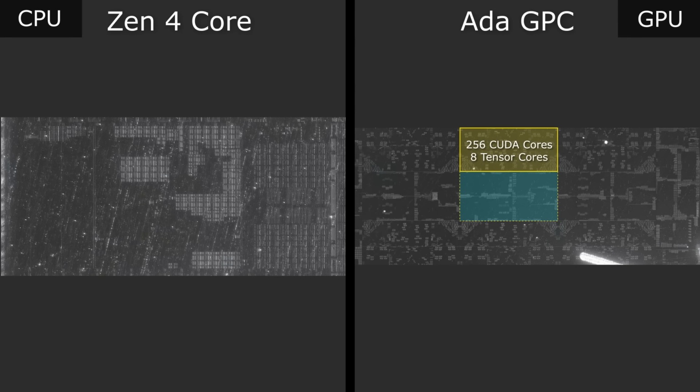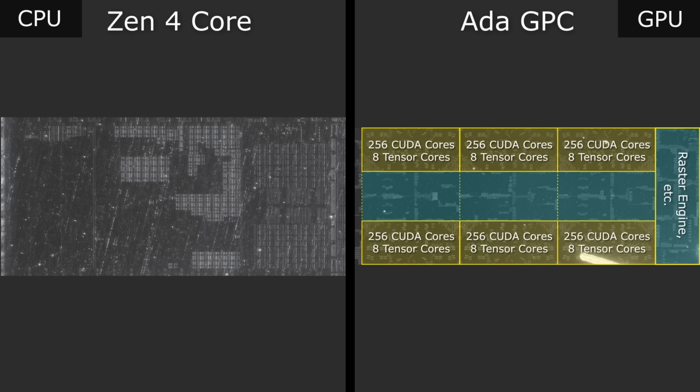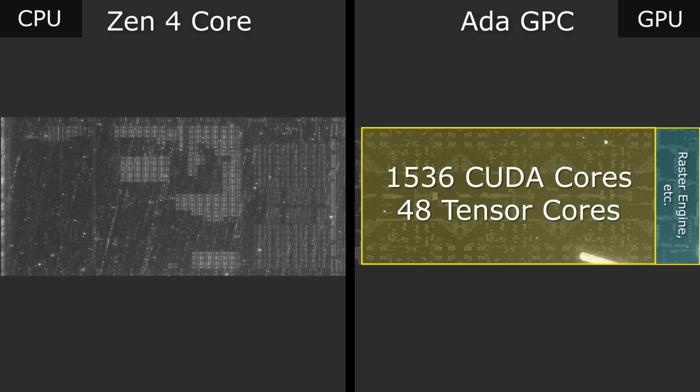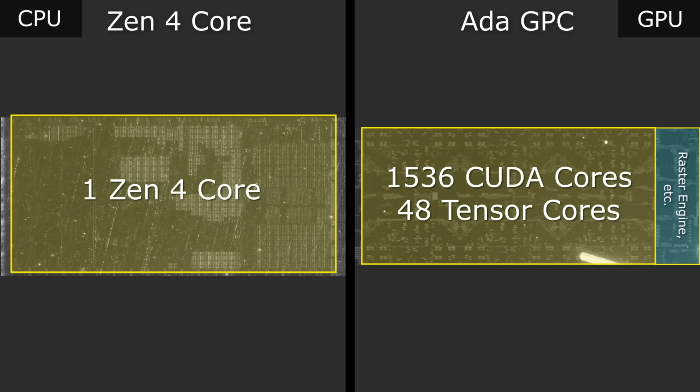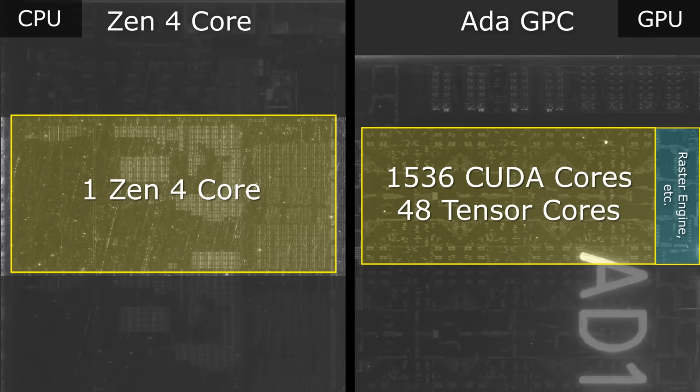Zooming out to the GPC level, we've got 6 of these texture processing clusters, for a total of 1,536 CUDA cores and 48 Tensor cores per graphics processing cluster. And we're now up to the highest level tiling on the chip, which is all the Zen core complex die actually had in the first place. So it's just 1 Zen 4 core per tile on the CPU side.